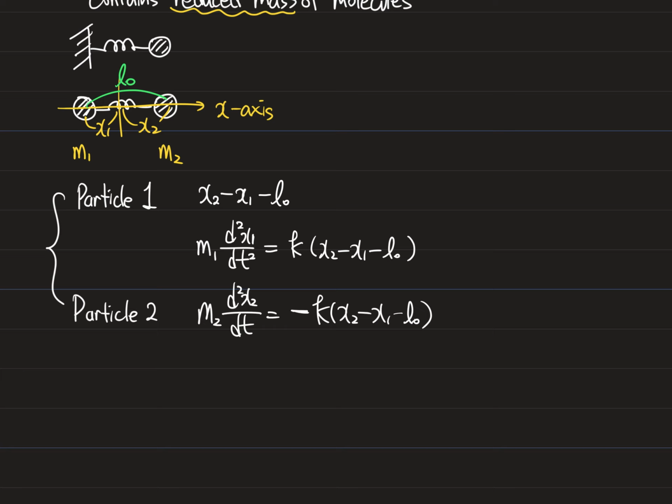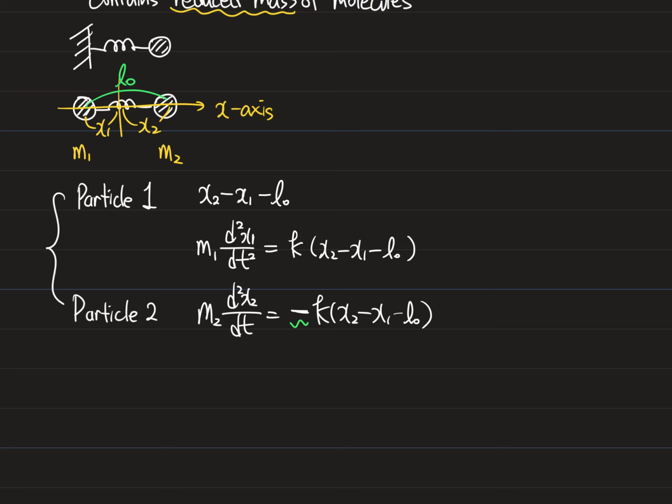That's why we have the negative sign for one particle and the positive sign for the other. Please do not focus on the negative sign itself. Please focus on the meaning of the negative sign. It is representative of the restoring force. It simply denotes the direction of the force. I hope you understand this point.